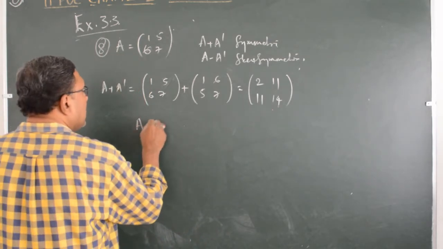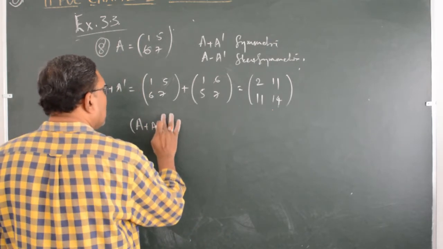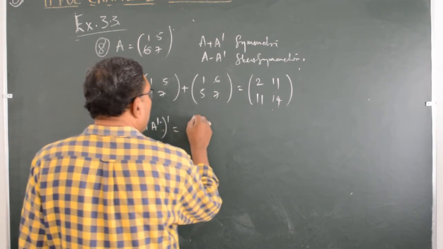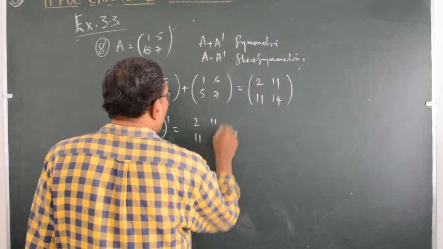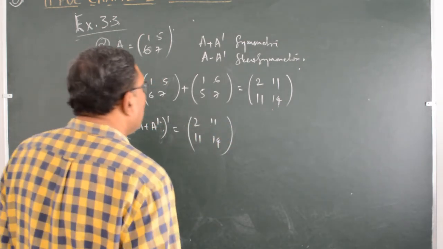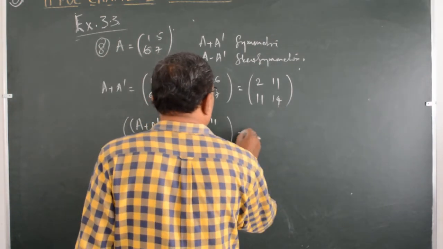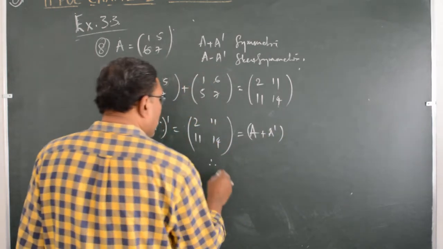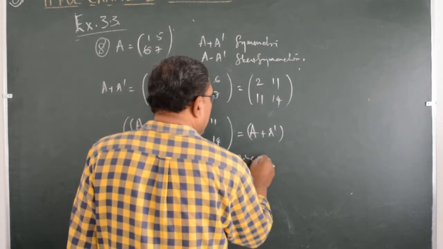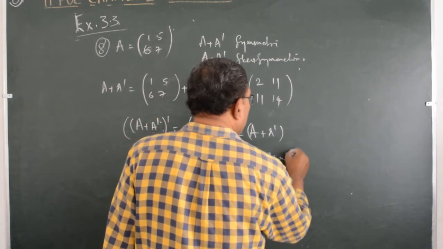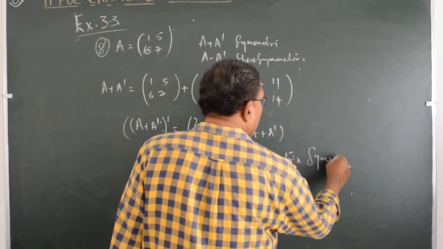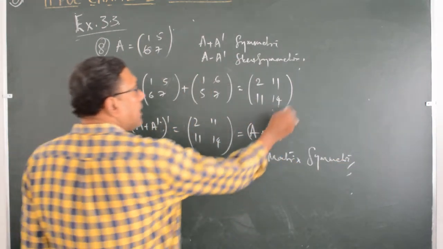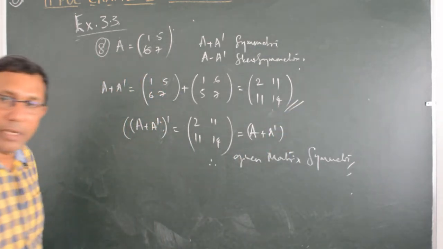A plus A transpose, its transpose will always be 2, 11; 11, 14, which is the same as A plus A transpose. Even if we do a transpose, we get the same answer. So the given matrix is symmetric.